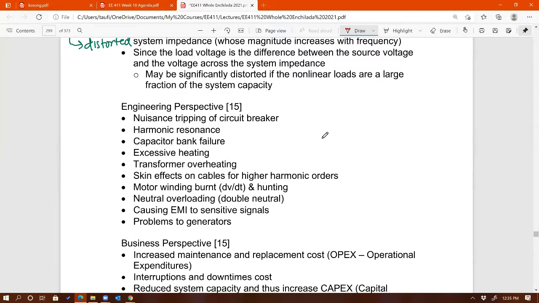Then harmonic resonance, we'll talk about it later. Capacitor bank failure, excessive heating, transformer overheating, skin effects, all of these problems are created by harmonics.